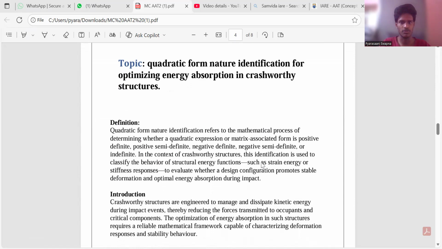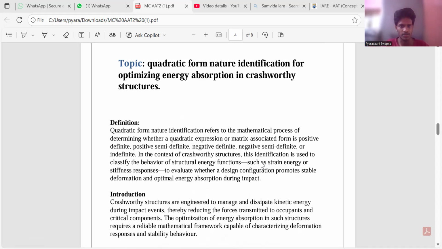Definition: quadratic form nature identification refers to the mathematical process of determining whether a quadratic expression or matrix associated form is positive definite, positive semi-definite, negative definite, negative semi-definite, or indefinite.